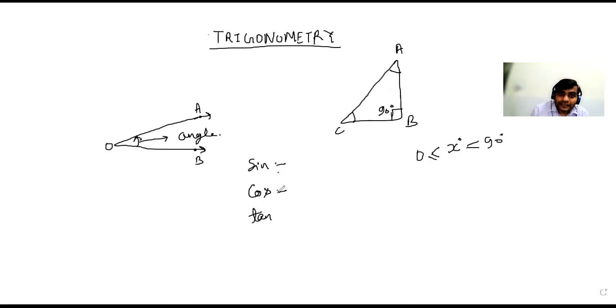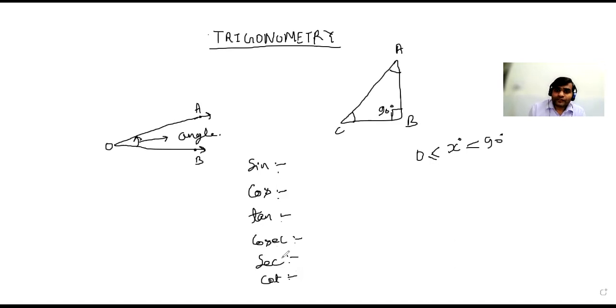And there are their reciprocals: cosec, which is the reciprocal of sine; sec, which is the reciprocal of cos; and cot. These six are the trigonometric ratios used in trigonometry.